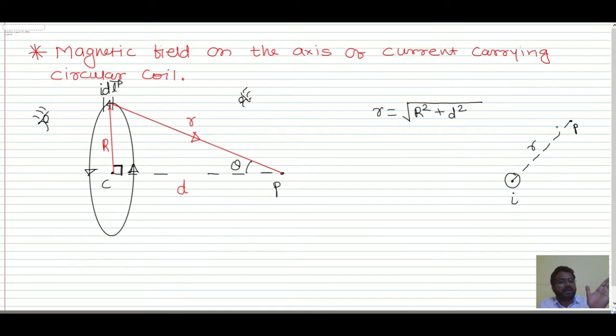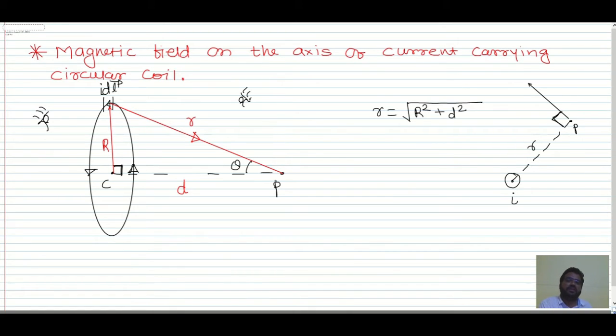That direction of the palm at point P is pointing in this direction, right? So you can draw the direction of magnetic field at point P in this way, which is perpendicular to the position vector.